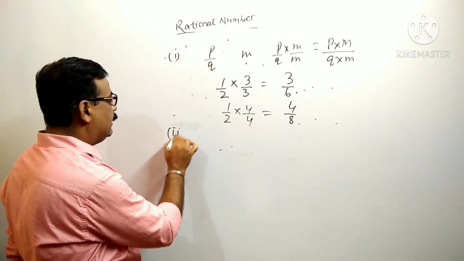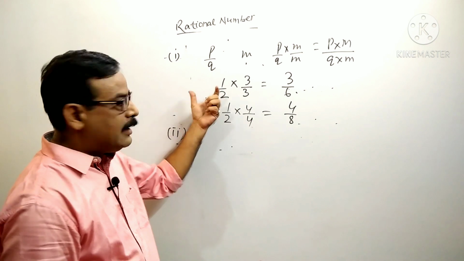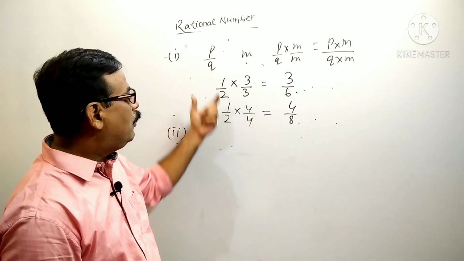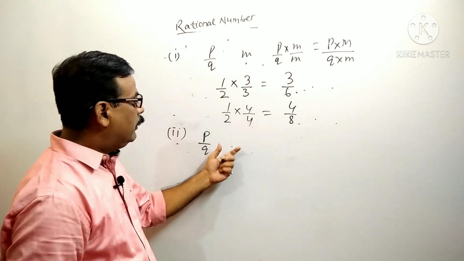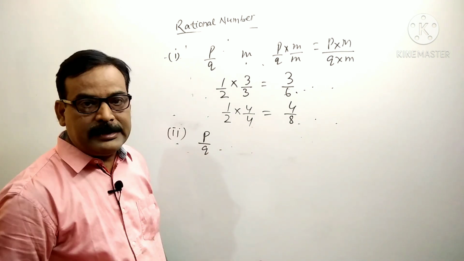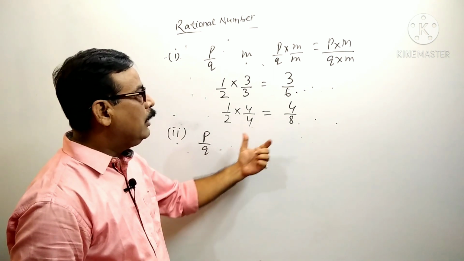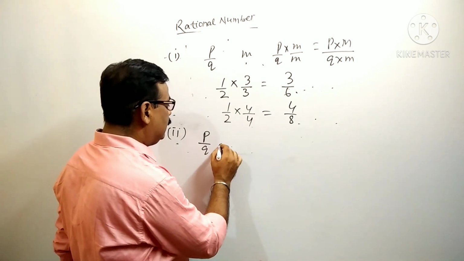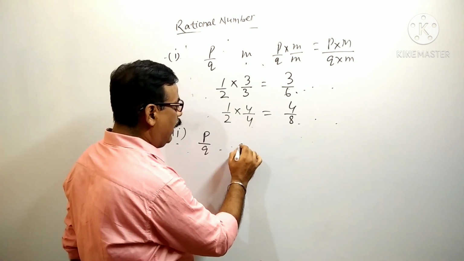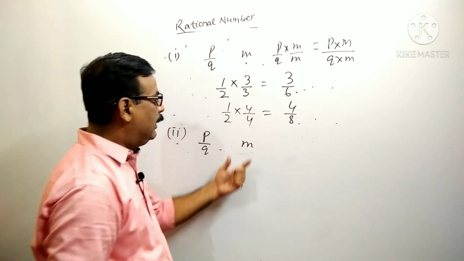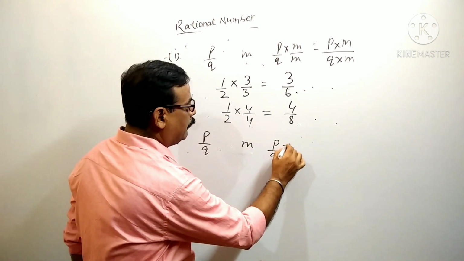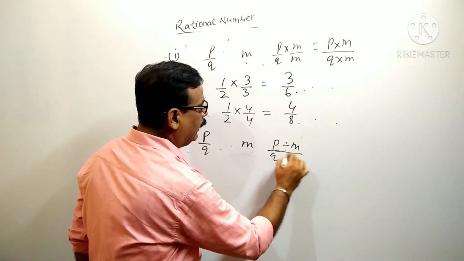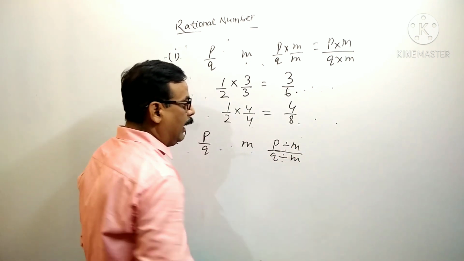The second property says if any rational number which is in the form of p by q has a common divisor other than 1, suppose m is a common divisor, then p by q, p is divided by m and q is divided by m.